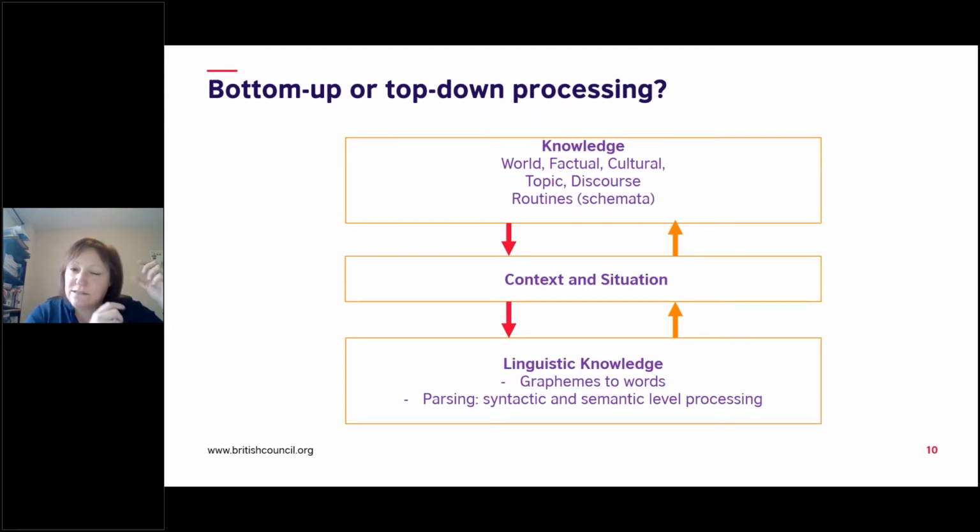Schemata are like little packages of knowledge. We have a schemata for making a sandwich, one for going to a restaurant and getting a meal. So you go in the door, you ask for a table, you sit down, you get a menu, you order food, you ask for the bill, you pay, you leave. We have schemata for everything, dealing with difficult parents at school, for example.